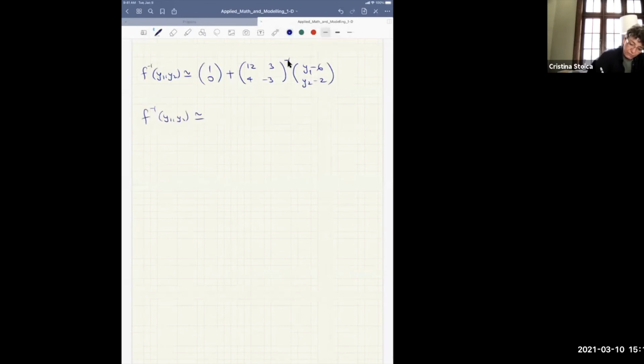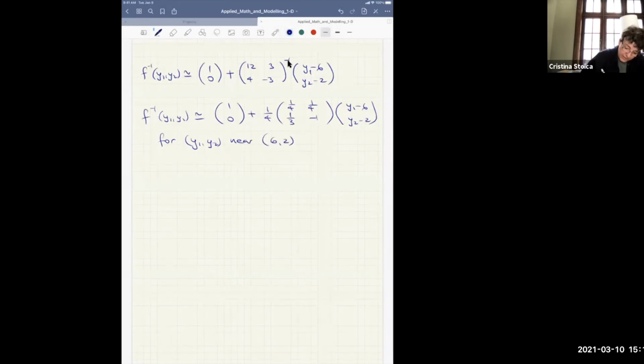And I used Maple this morning and computed this, and whatever it is, this is for (y1, y2) near (6, 2).